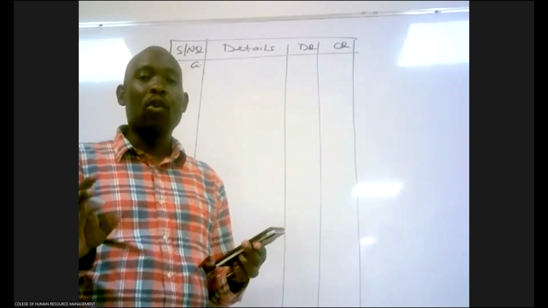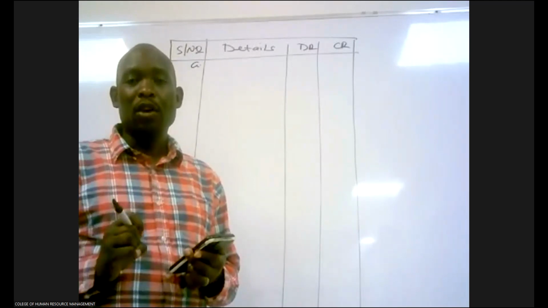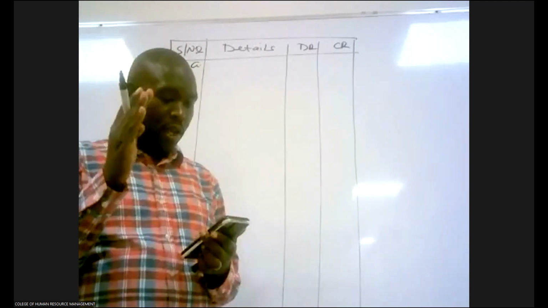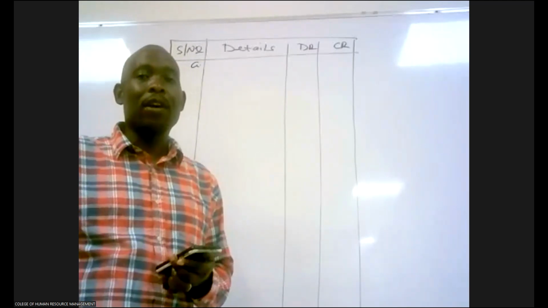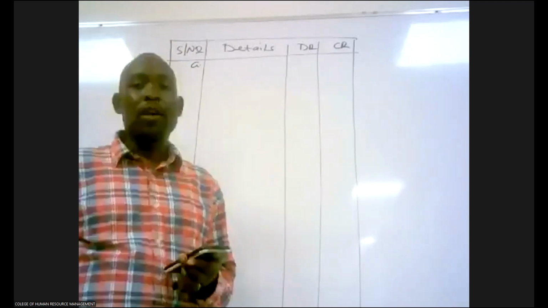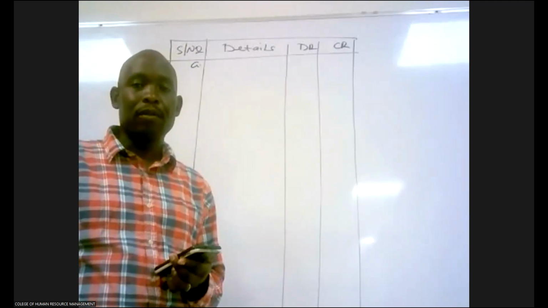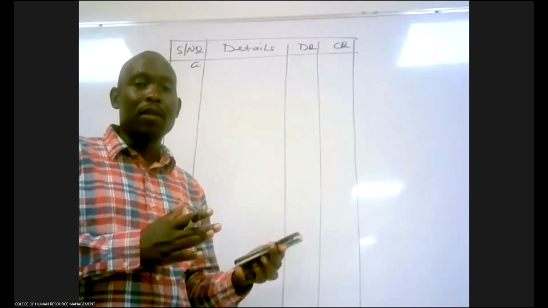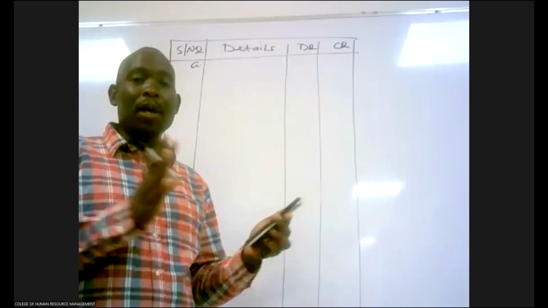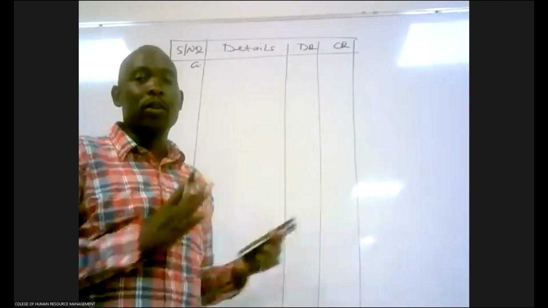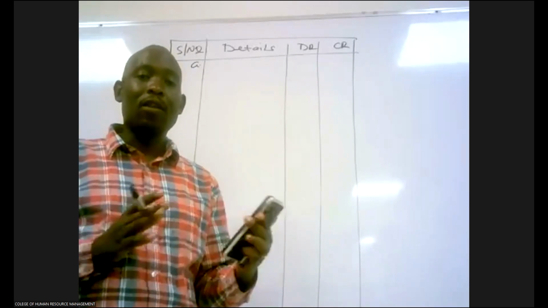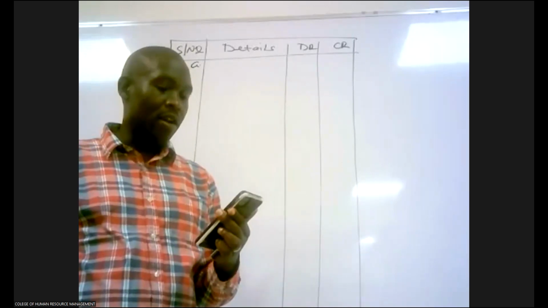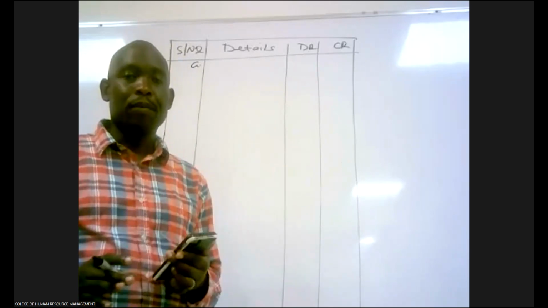The issue is on the supplier's account. We purchased goods from A Ray, but instead of crediting that particular creditor who is the supplier, we credited another one. When you purchase, you debit purchases, you credit the supplier. Purchases account was well executed, but now the issue is on the supplier. Instead of A Ray, we went and recorded in B Roy.